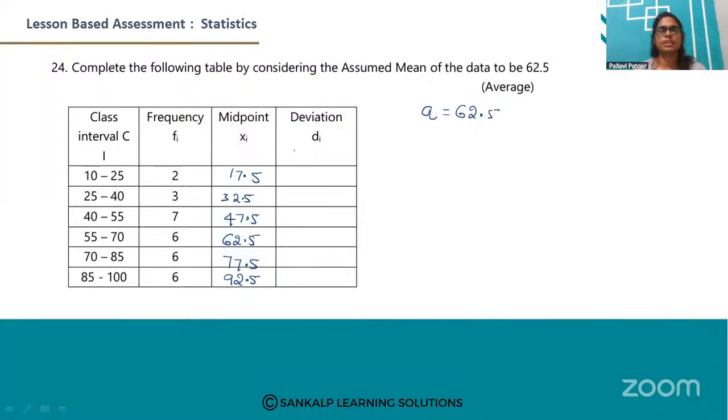So here deviation is xi minus A. So first one is 17.5 minus 62.5, so this is equal to minus 45. 32.5 minus 62.5 is minus 30. 47.5 minus 62.5 is minus 15. 62.5 minus 62.5 is 0. 77.5 minus 62.5 is plus 15. 92.5 minus 62.5 is 30. Okay.